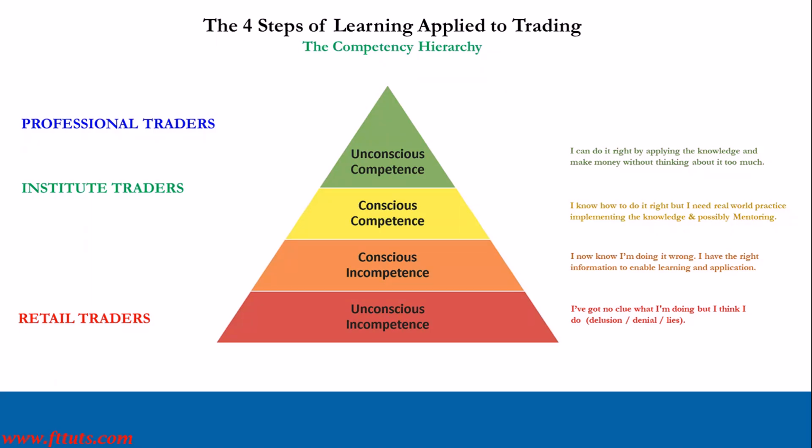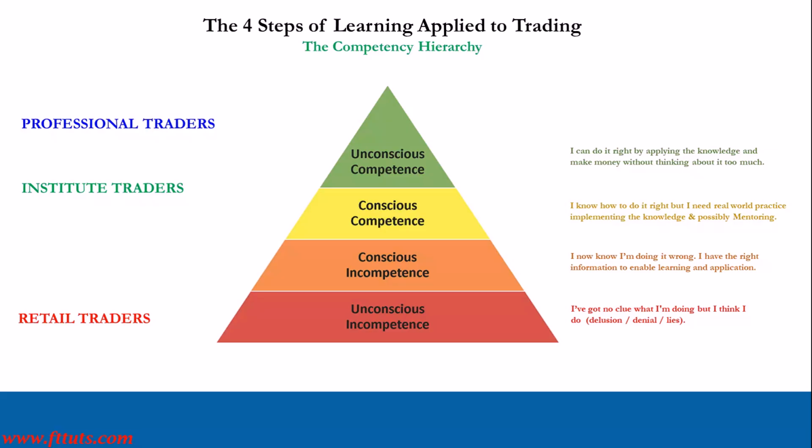And for those of you that are new, the competency hierarchy can be applied to any learning endeavor, whether it's, for example, learning a new language or perhaps learning a new skill like driving, or even, for example, learning a new profession.